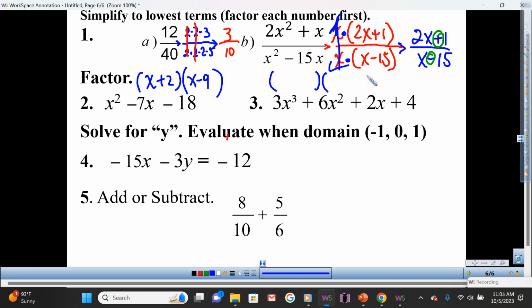Number 3. What are your factors for number 3? Tell your neighbor, please, factors for number 3.